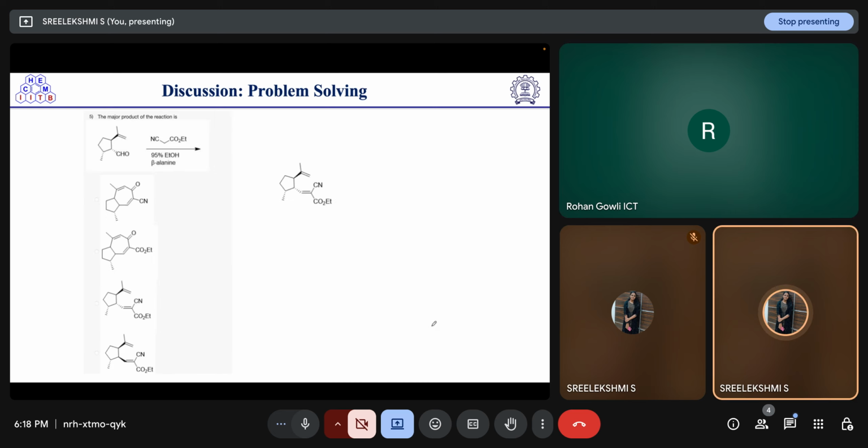Okay. The next question, this one. The major product of the reaction: this particular aldehyde on treatment with this NC-CH2-CO2Et.